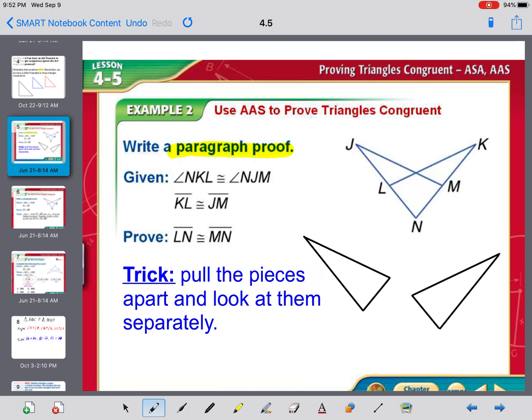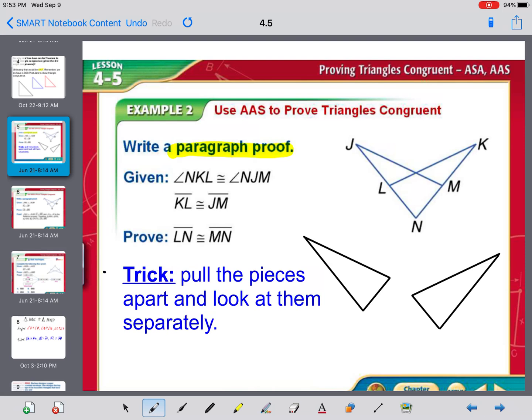So this says write a paragraph proof. Listen, I'm not so much interested in you being able to write a paragraph proof as I am interested in you being able to think through how these things work. So we've got this picture, and this lower part below the line was not in the original problem.